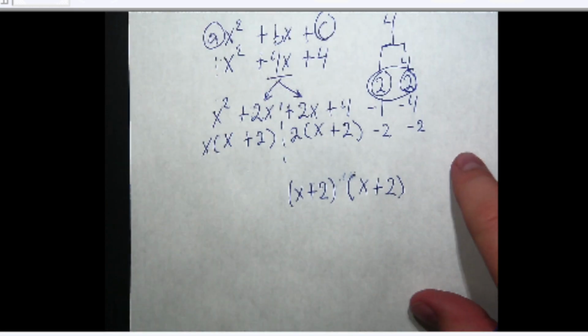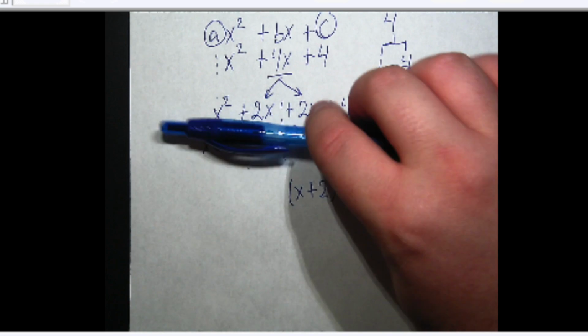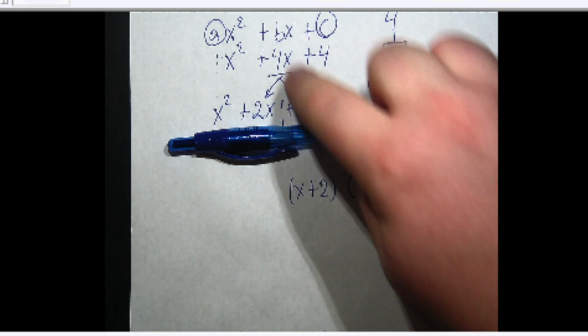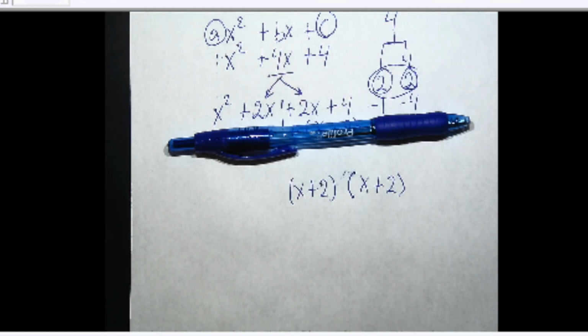Let's see the other method that we can use. So let's quickly back up to this part where we got 4 terms. We split this middle one into 2. Instead of using factor by grouping, the other method that we can use is called the box method, and it's actually the method that I prefer.